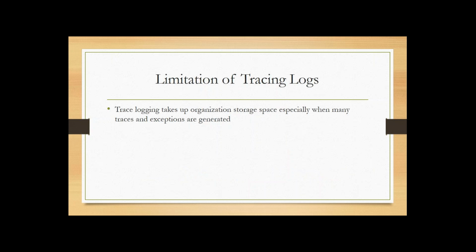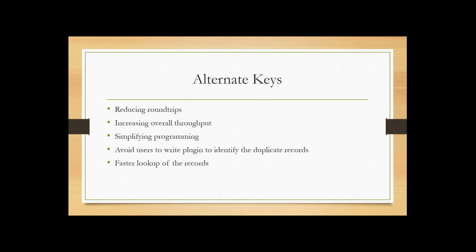The next thing is alternate key. With the release of Microsoft Dynamics CRM 2015 Update 1, Microsoft has released another feature, alternate key. Traditionally, we use the CRM primary field to identify records. All Microsoft Dynamics entities have a unique identifier known as a GUID.